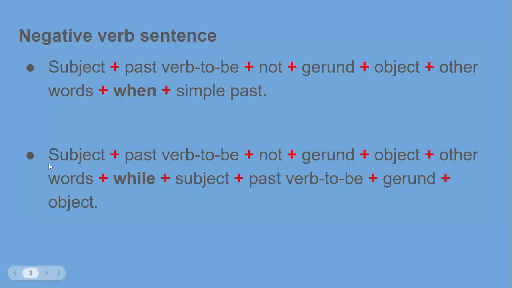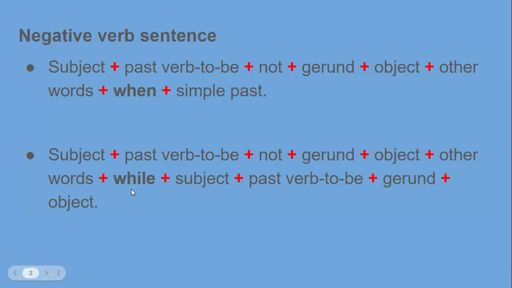And then if you are talking about the sentences which were happening at the same time, moment or event in the past, you need the subject, the past verb to be, then you need not, the gerund, then the object, then other words, then you put while.